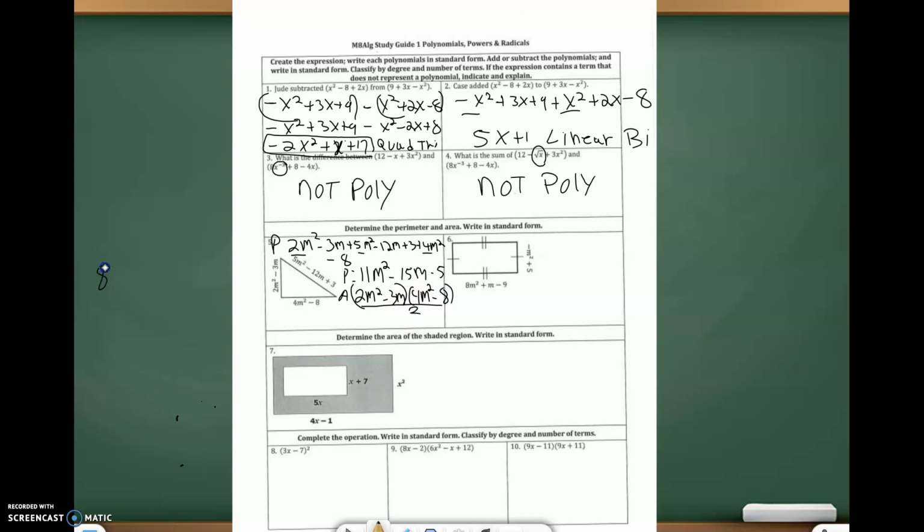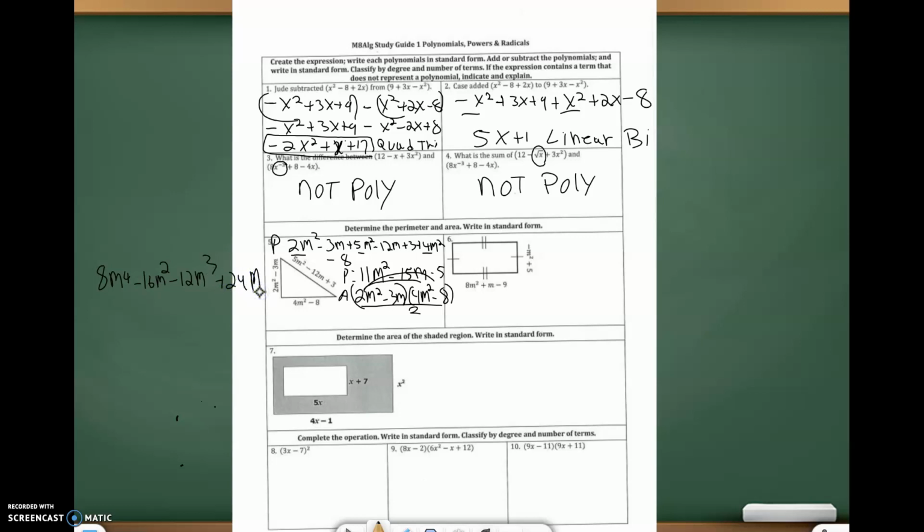So we're going to have 8. Remember, we're going to FOIL this, right? So you're going to have 8m to the 4th minus 16m squared minus 12m cubed, right? Okay.